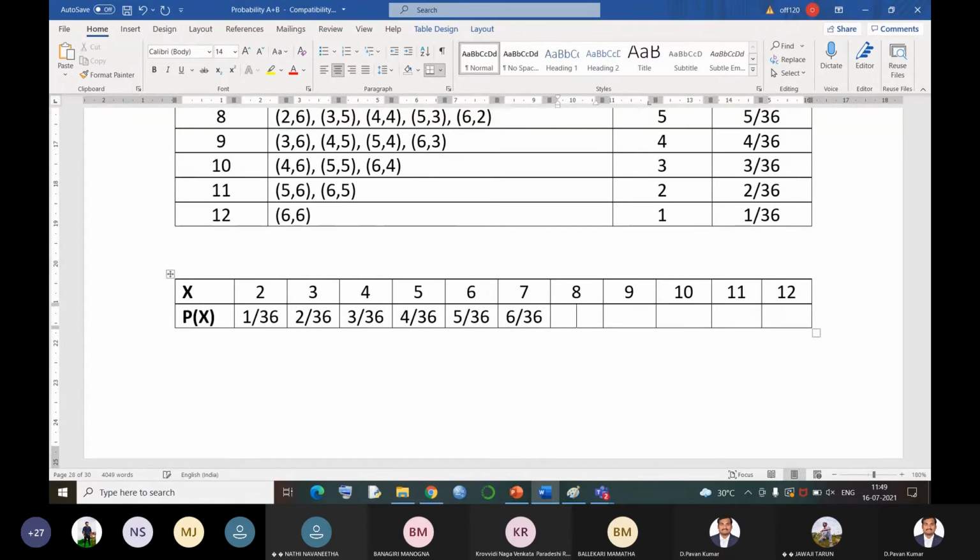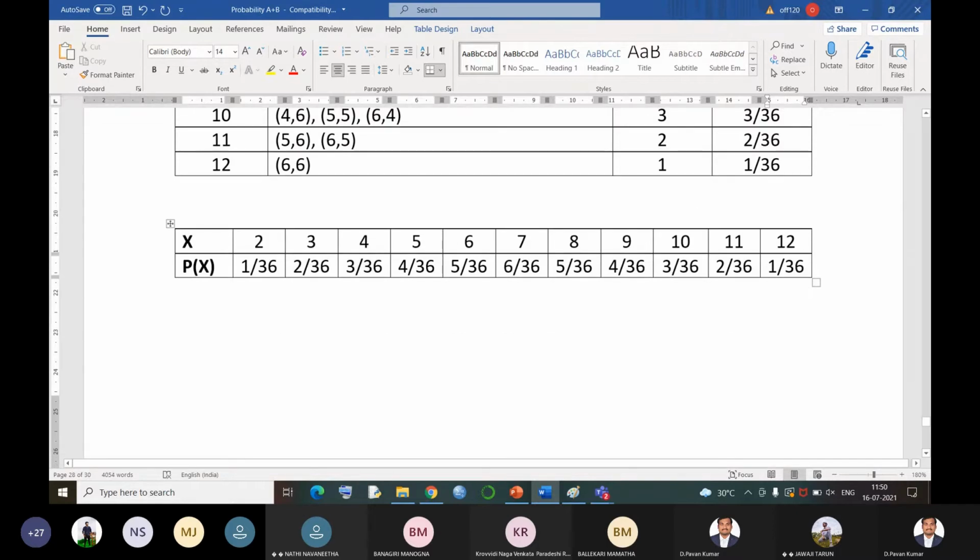Next one 6 by 36, and from here again the values decrease: 4 by 36, next 3 by 36, 2 by 36, and the last one is again 1 by 36. This is how the problem gets formulated. And after this, we have to find out whether this is a probability function or not.